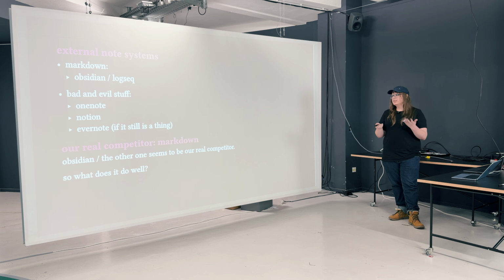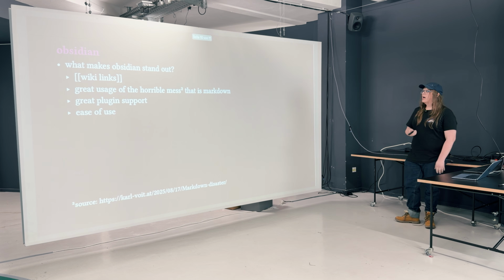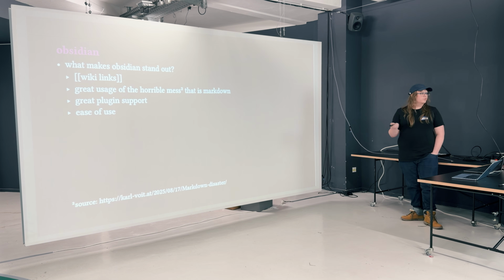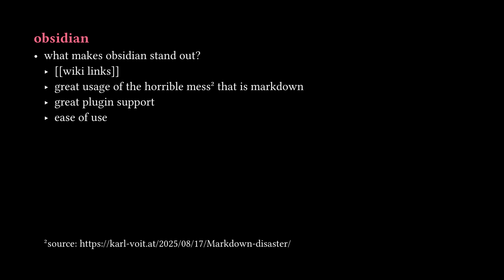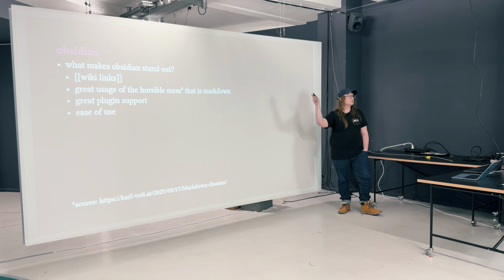So let's see what it does so well. So obviously linking. Wikilinks is kind of like, at least for me, the most used feature. And also a relatively great way of managing the horrible mess that is Markdown, because Markdown is actually not a very well-defined standard. If any of you have ever wanted to dive into it, there's GitHub Flavor, there's a lot of other ones.